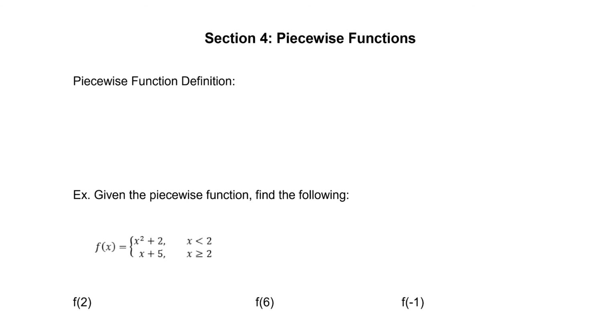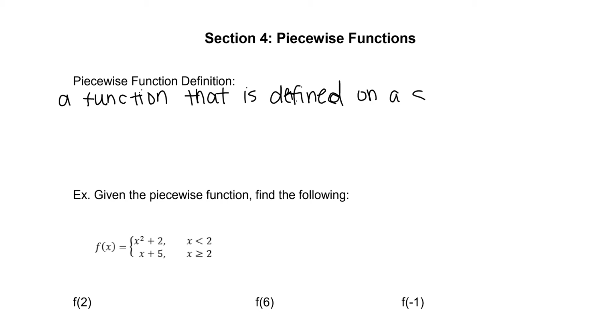A piecewise function is defined as a function that is defined on a sequence of intervals. And the most common example of a piecewise function is the absolute value function.